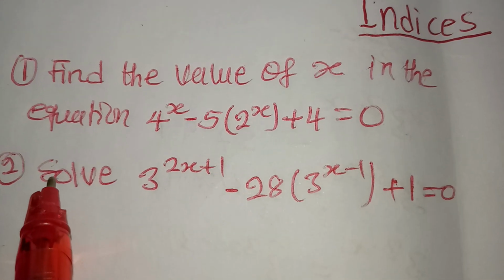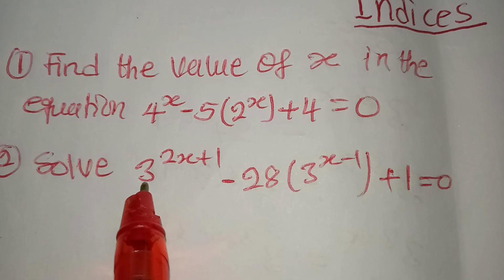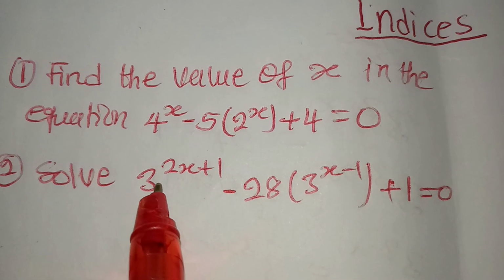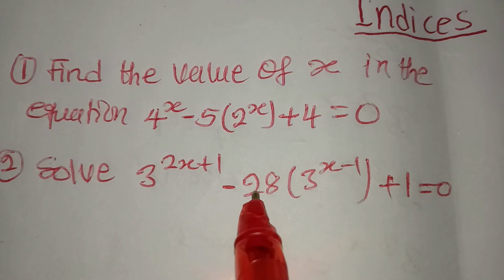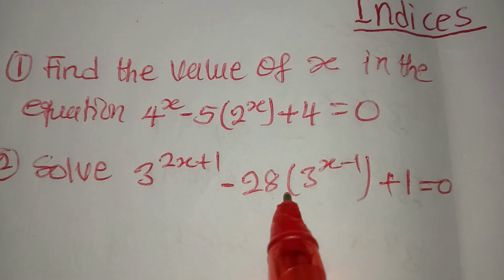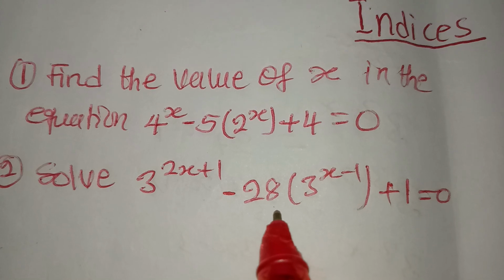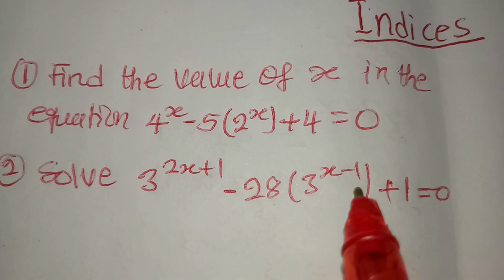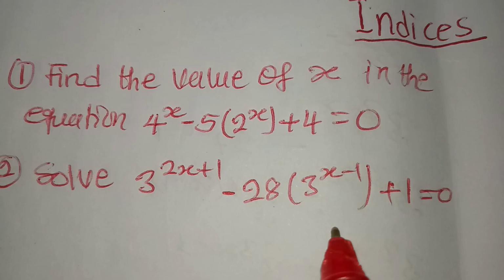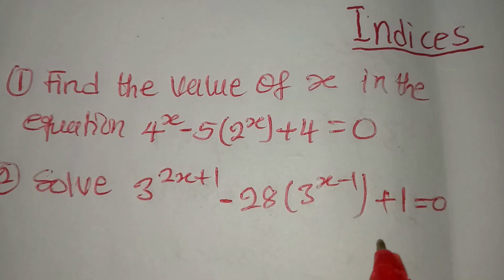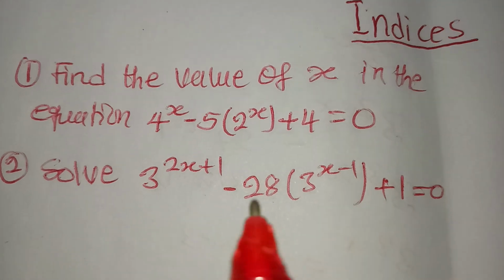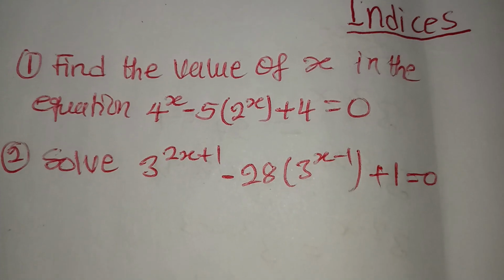Question 2 says, solve 3 exponent 2x plus 1 minus 28(3 exponent x minus 1) plus 1 equals 0. So this is what an indices question looks like.